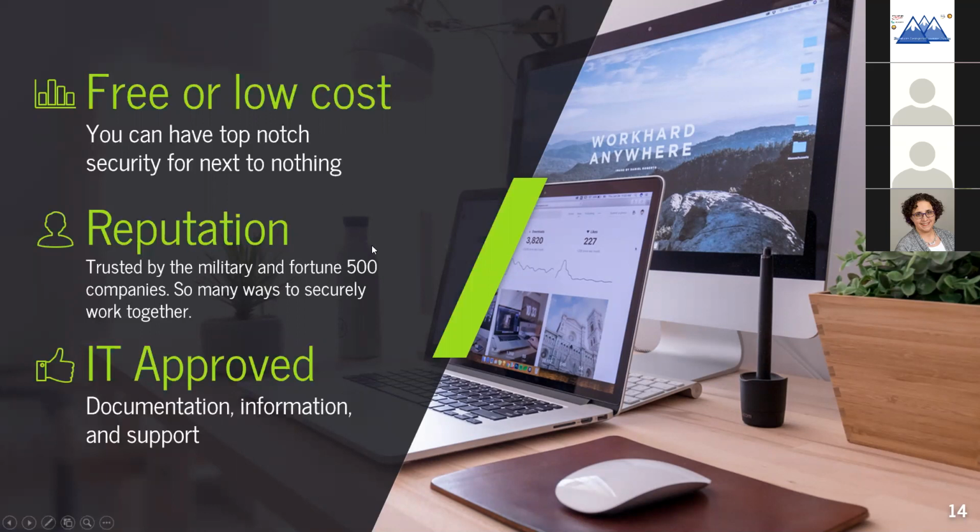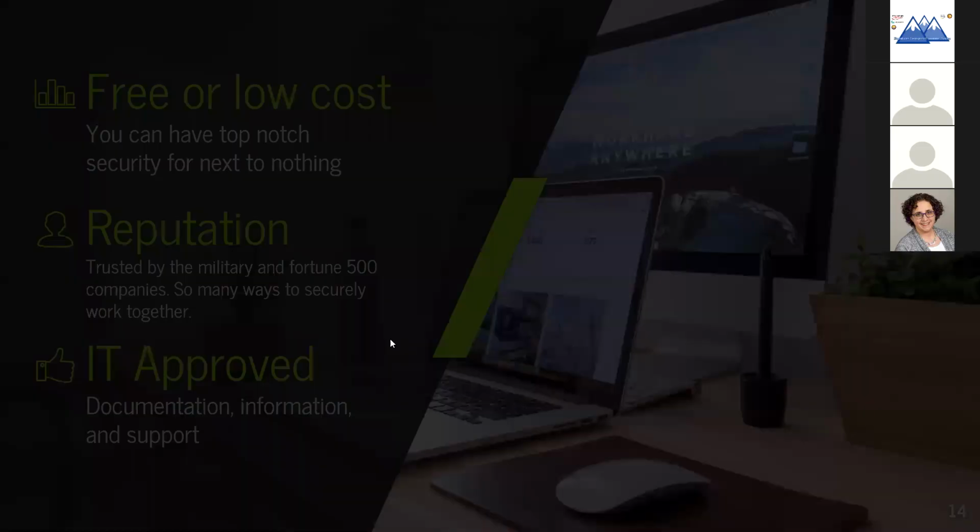Well, if you come up to them and you say, hey, I've got all of this documentation from this very well-trusted company, Azure, or AWS, or Google, and I want to use those cloud resources, I have endless documentation on what the security posture is, what the details are, and it's trusted by organizations like the military, the government, Fortune 500 companies. Your IT can't argue with that. Like I said, it's IT approved. There's tons of documentation, information, support, that sort of thing.